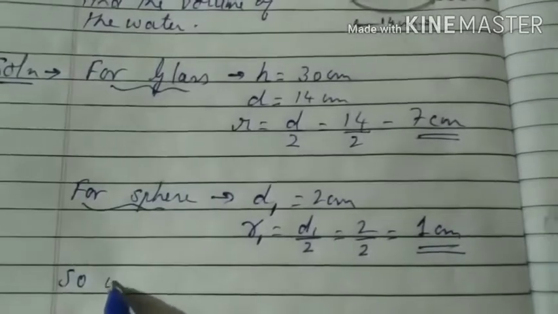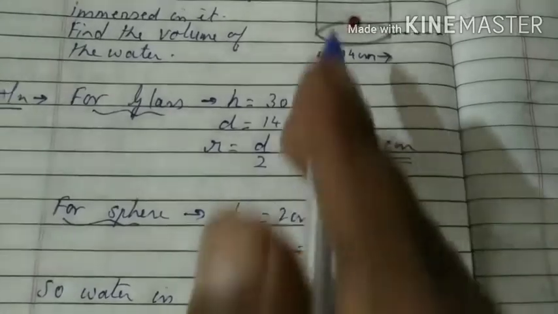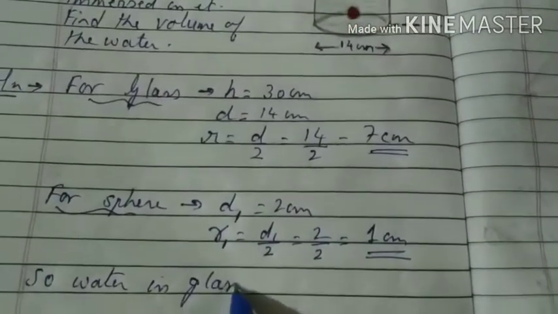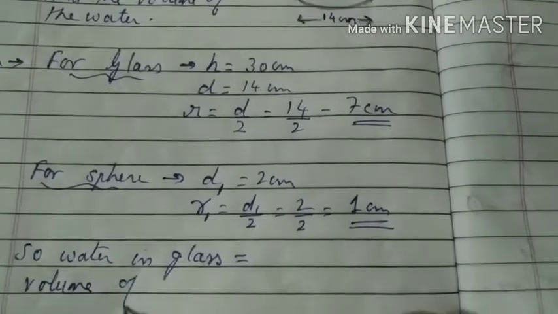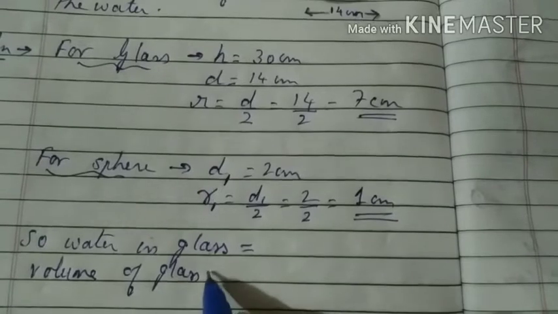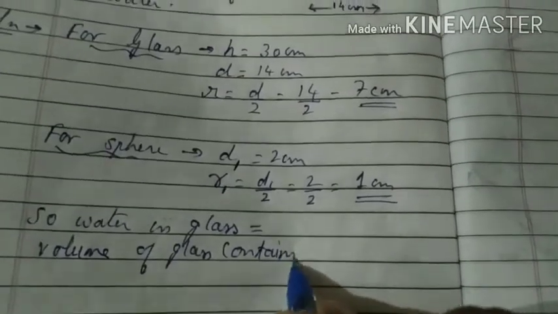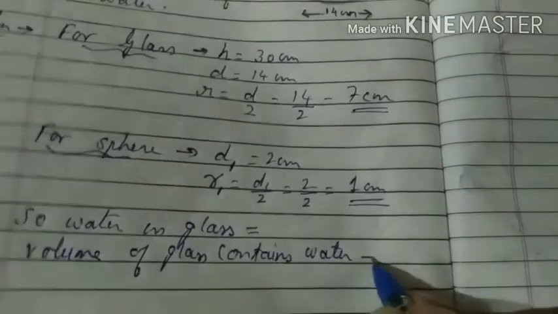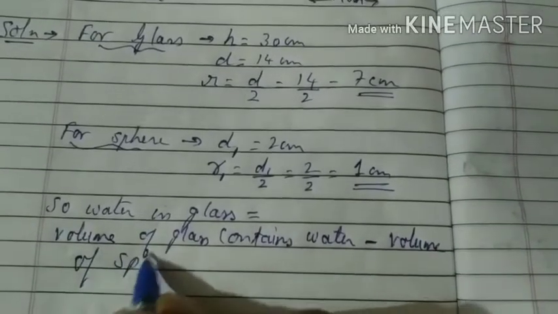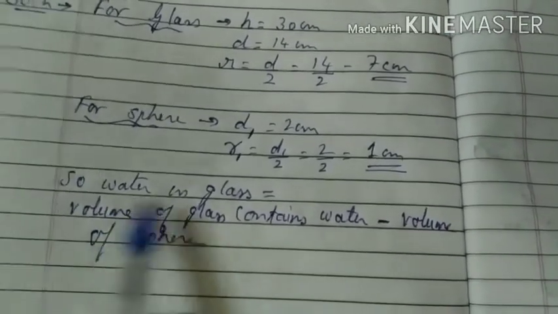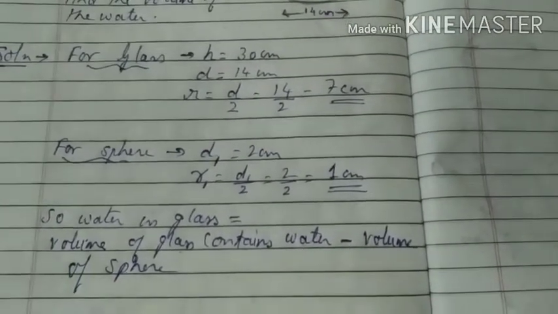So water present in this cylindrical glass will be equal to the volume of glass containing water minus volume of sphere. That is, the volume of water will be volume of glass containing water minus volume of sphere.